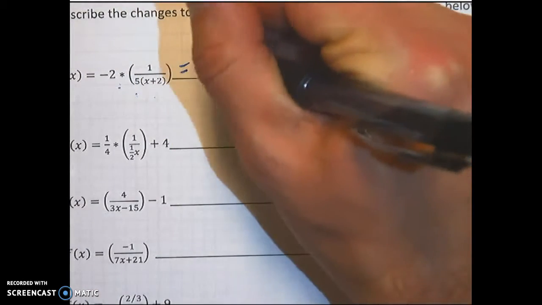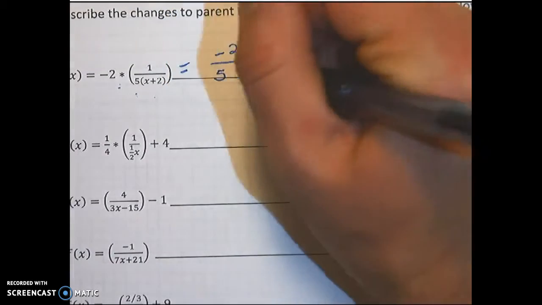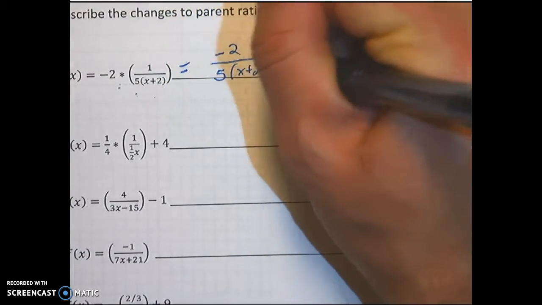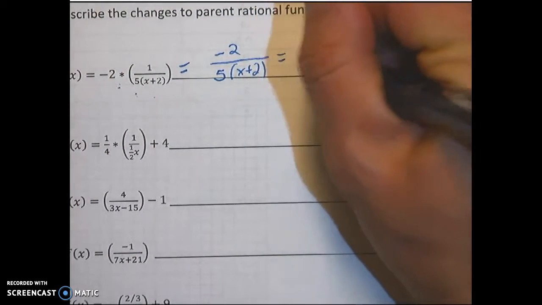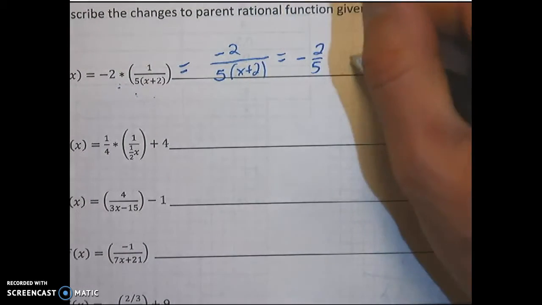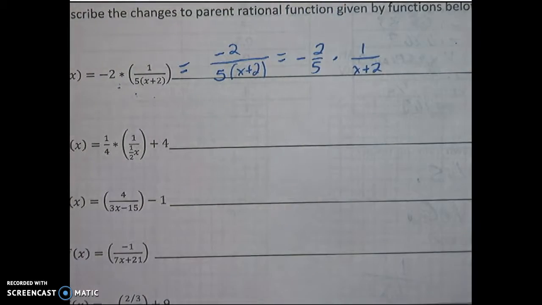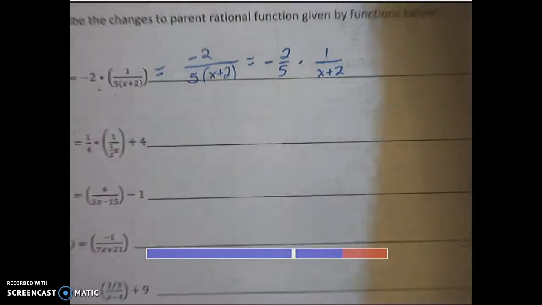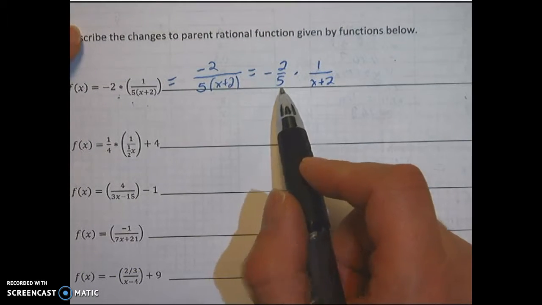So if I rewrite this as negative 2 over 5x plus 2, I could rewrite that even further to be negative 2 over 5 times 1 over x plus 2, like that. So, since it's a fraction out front, I'm going to call this a vertical compression.